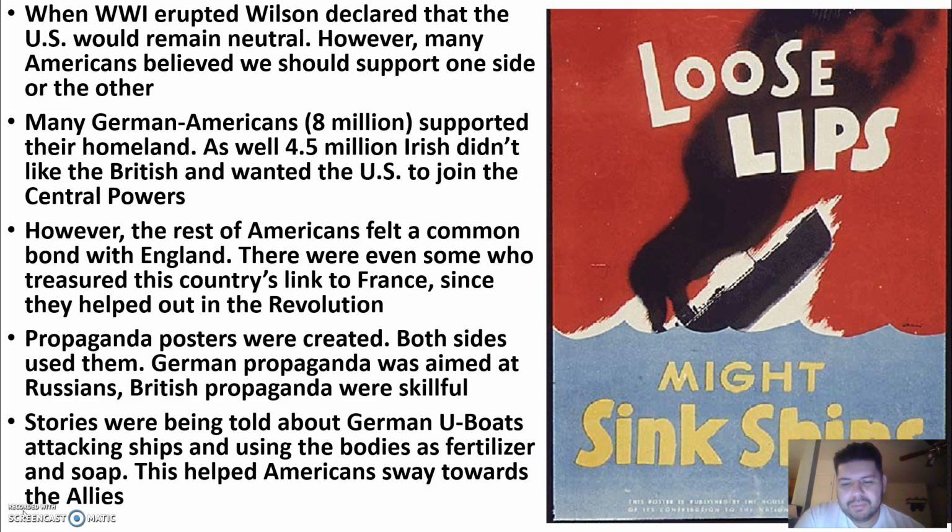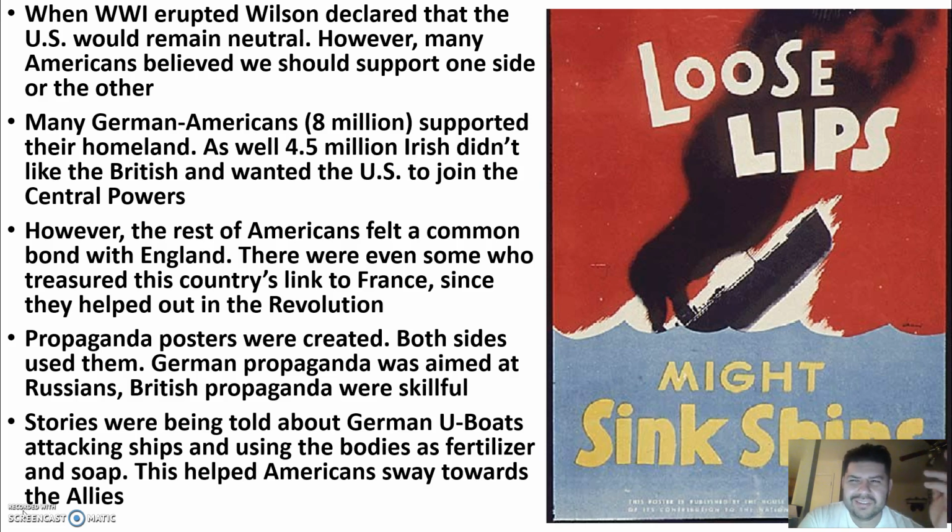Now, here's the thing. There were stories about German U-boats, and German U-boats were basically submarines. They would be attacking ships, and stories started coming about that the Germans would use the bodies of the dead people for fertilizer and soap. Now, I know that sounds really left field.